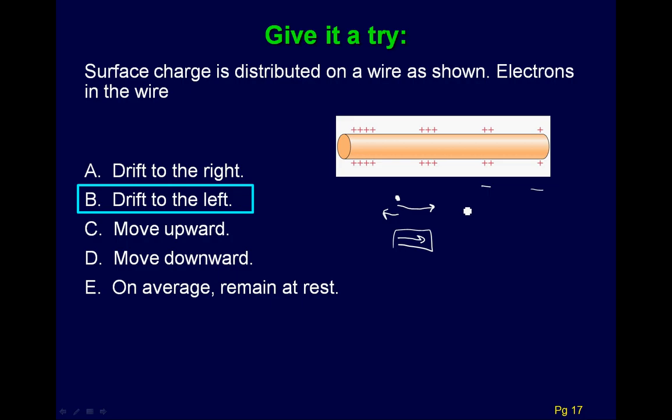And if I look somewhere over here, now this positive charge is going to push to the left, but really tiny. Those 2 positives are going to point that way, but a little bit bigger. And if I again assume that these 2 charges are too far away, overall the electric field points this way. So you want to be able to convince yourself that in that wire, the electric field is always pointing to the right, which means electrons will go to the left because they go opposite the electric field.